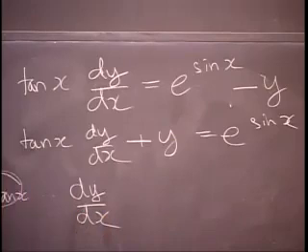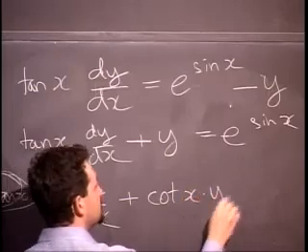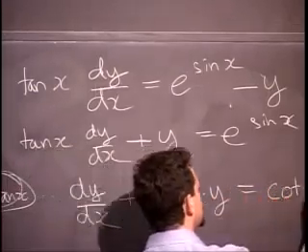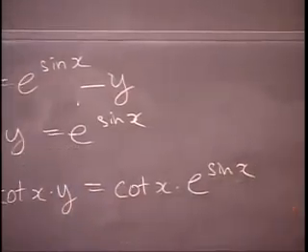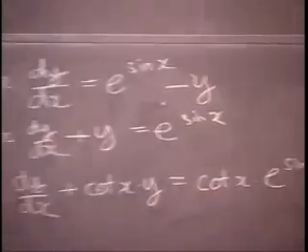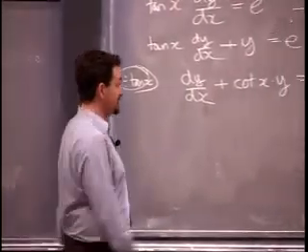Actually, the better way to do that is to multiply by cotangent. All right, that's now in standard form: dy dx plus cotangent x times y.